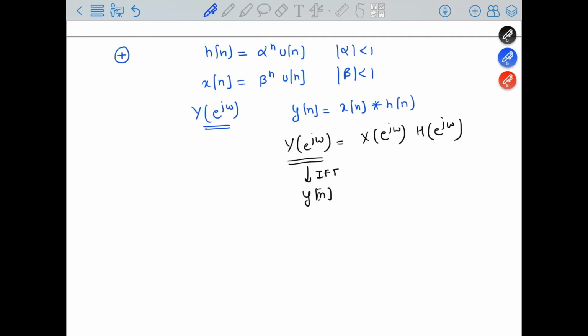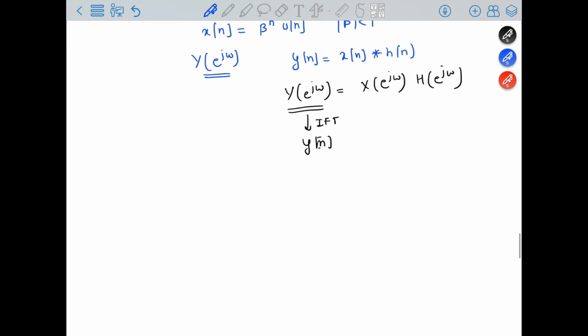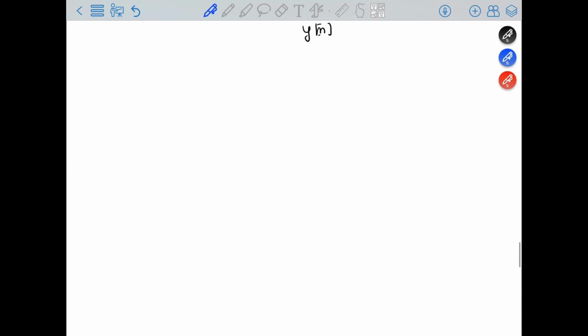The first step is to calculate the respective Fourier transforms. Our h[n] is given by α^n u[n]. Its Fourier transform we have already derived, and you can also do it by applying the formula.